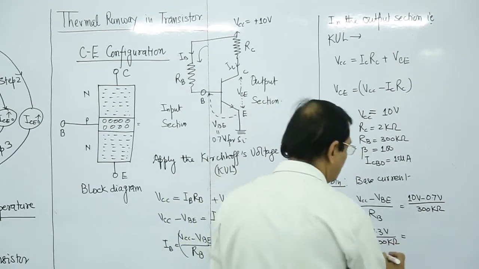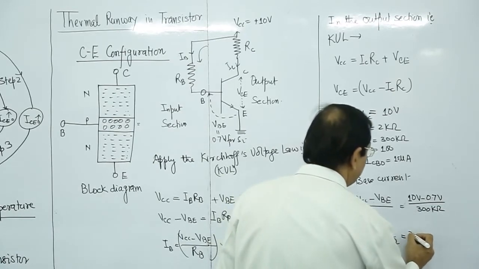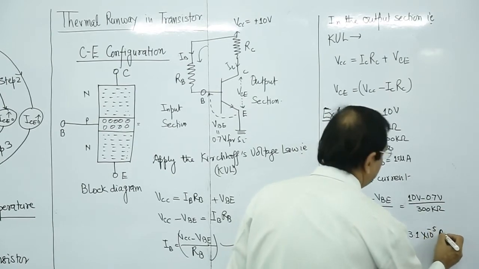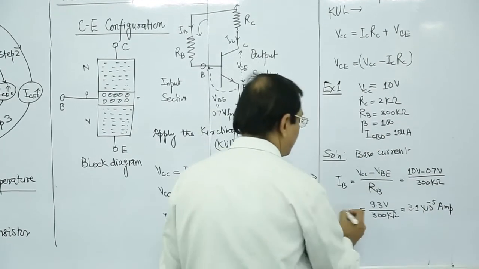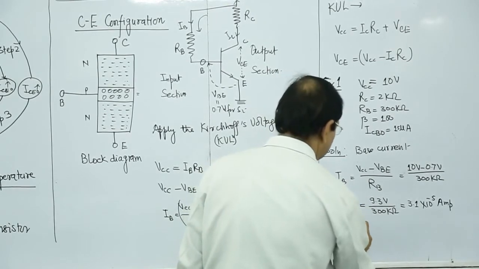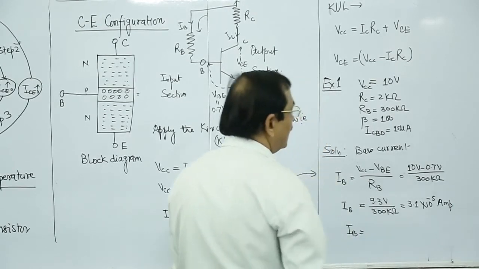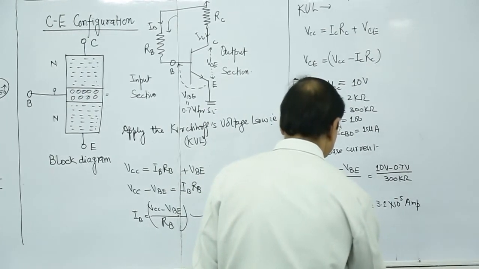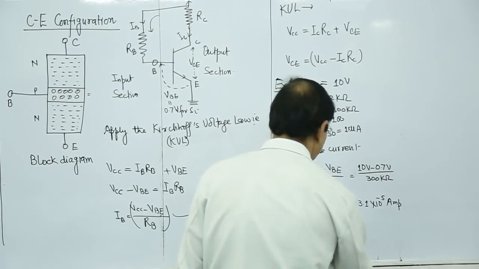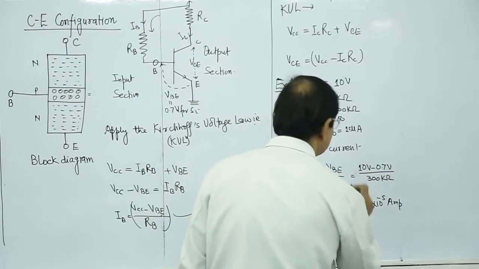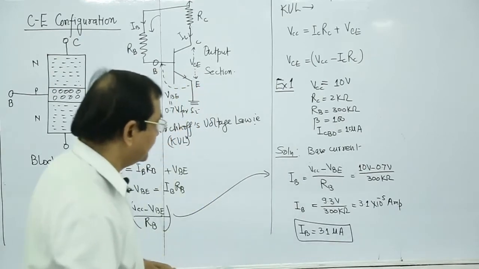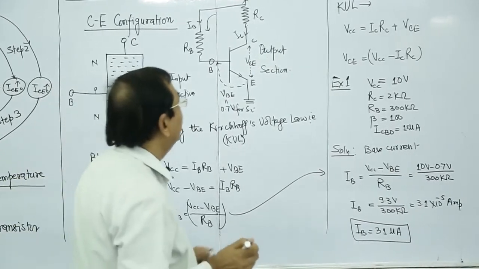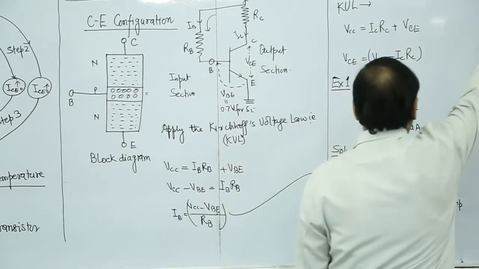So this value is how much? This value is 3.1 into 10 to the power minus 5 ampere. So IB is equal to 31 microampere.